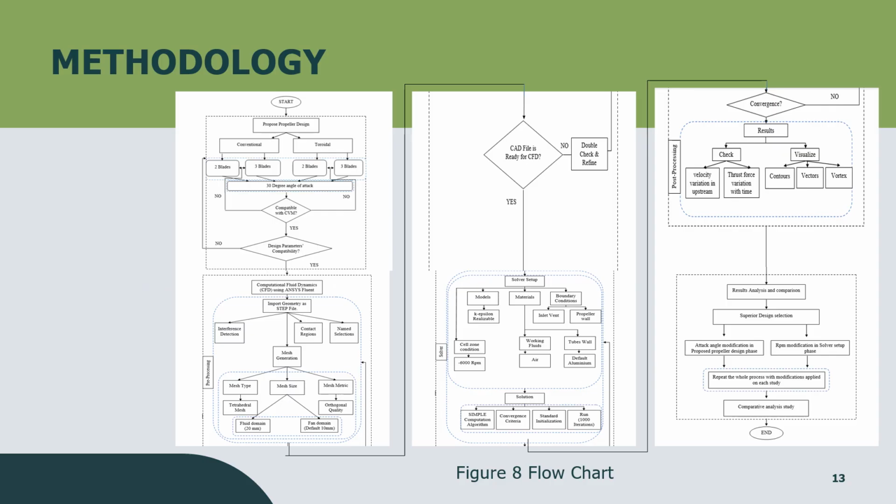SolidWorks and ANSYS Fluent are used. The methodology used in this research work is selection of the number of blades, designing in the software, analyzing in ANSYS, and then comparing and finding the results.